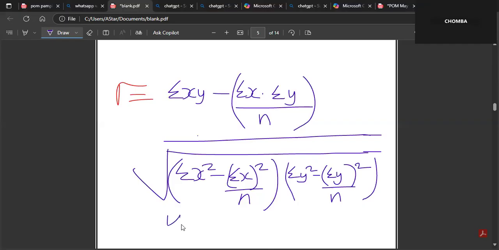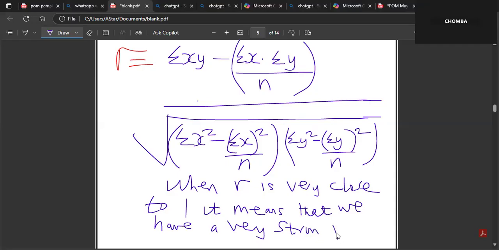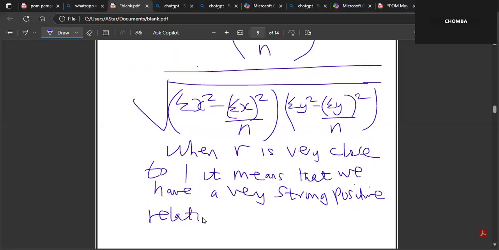When R is very close to 1, it means that we have a very strong positive relationship between X and Y variables.